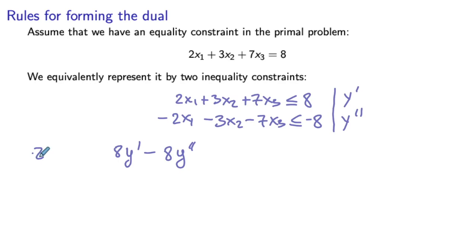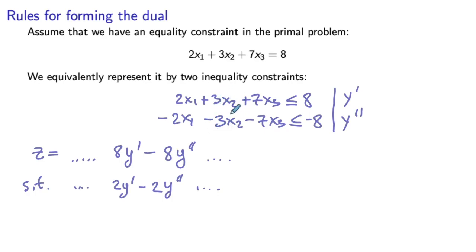We'll probably have some other terms before and after. Then for the constraints, in the first constraint, the part corresponding to this inequality is gonna be 2y prime minus 2y2 prime.